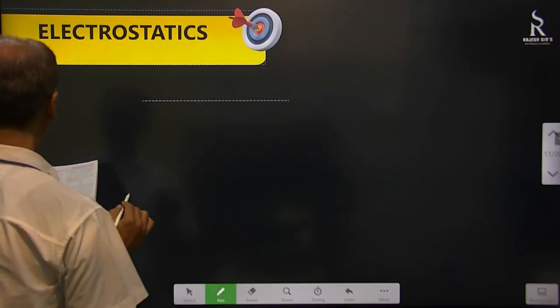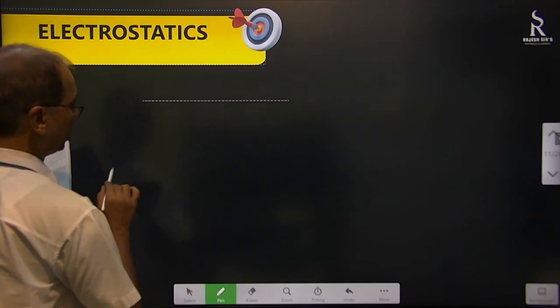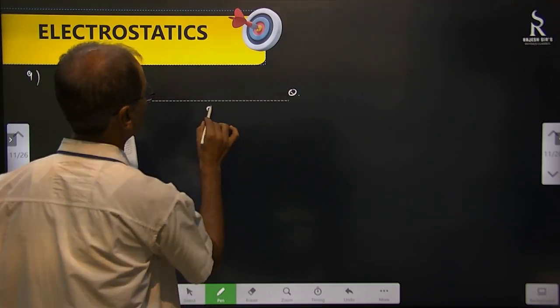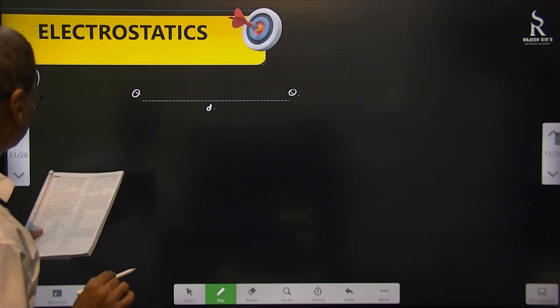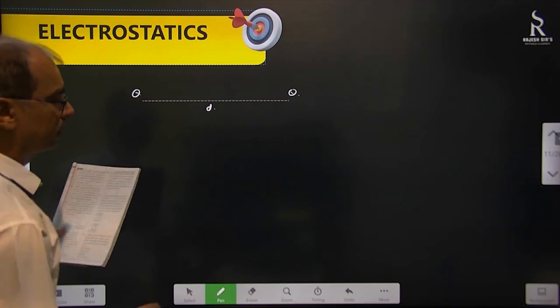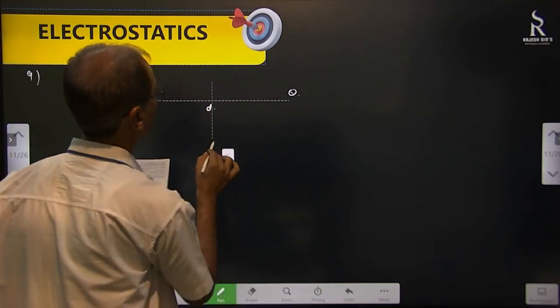Okay. So now you have 2 point charges Q, each placed a distance D apart. So here is Q, and the separation between them is D. A third charge Q is placed at a distance X from the midpoint on the perpendicular bisector. This is the perpendicular bisector, let's say.